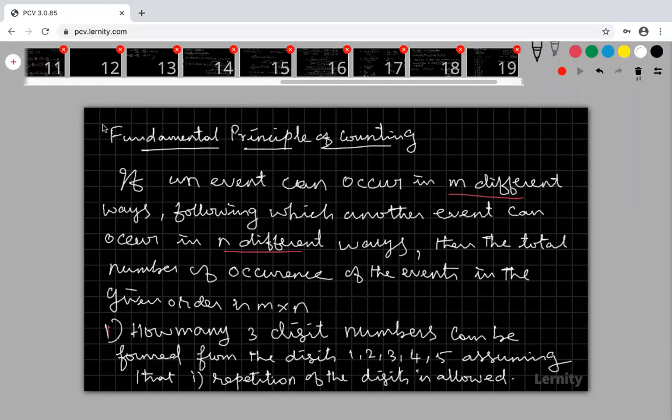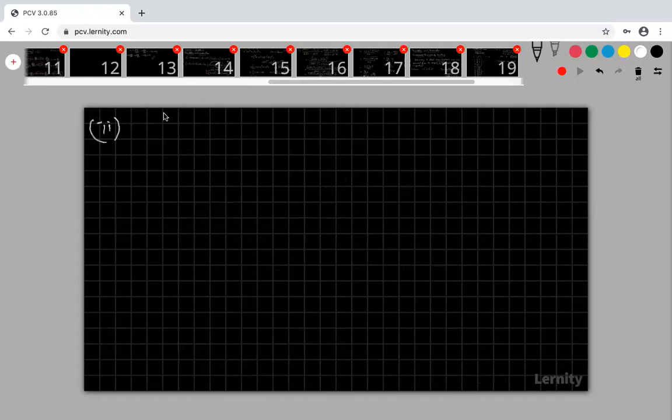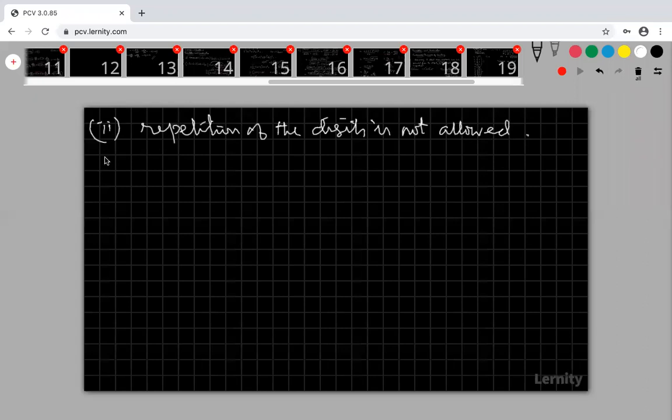And my second question is repetition of the digits is not allowed. Okay, totally how many digits are given? The given digits are 1, 2, 3, 4, 5.